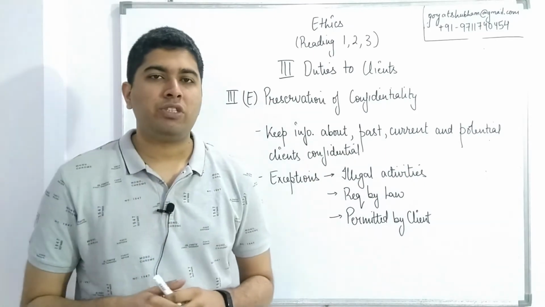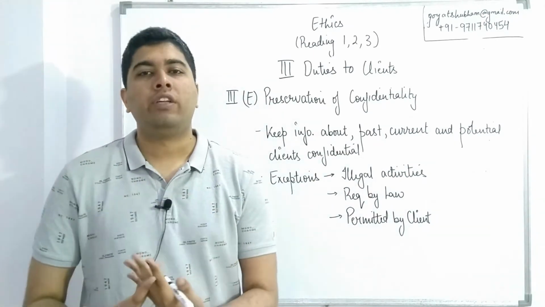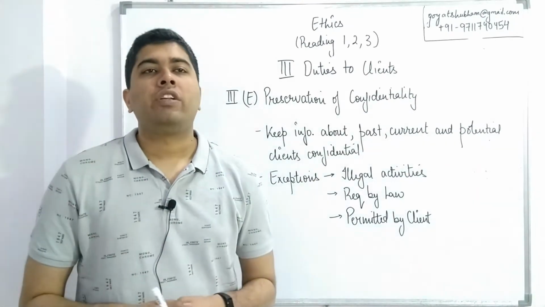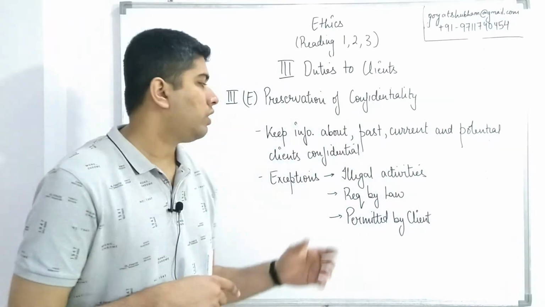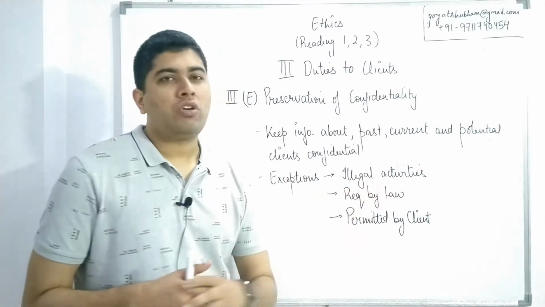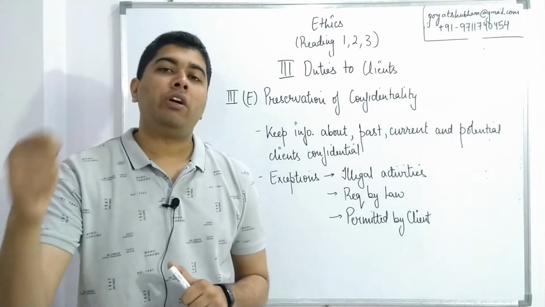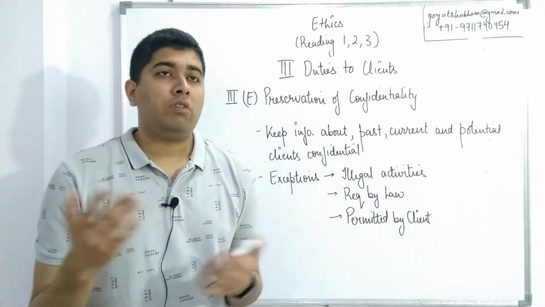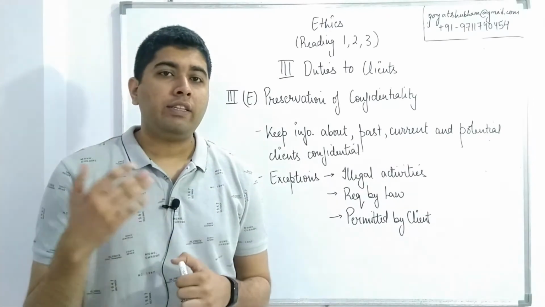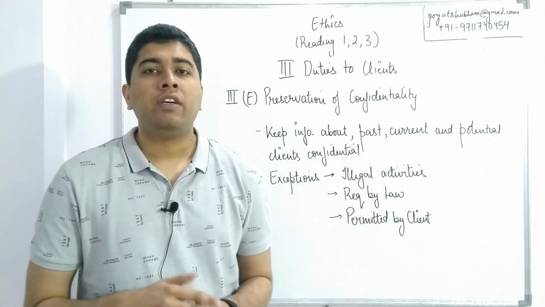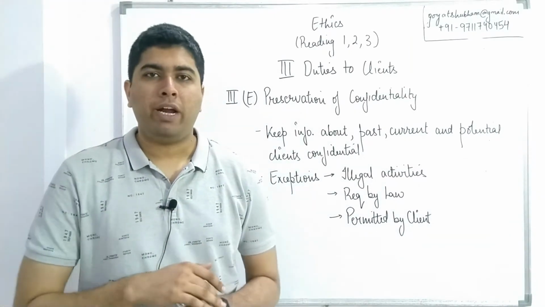Now we have three exceptions where you can disclose the information, and if you disclose it, you would not be in violation of the standard. Those conditions are, first, when there is some sort of illegal activity involved on the part of the client, of course. So let's say the information I have is that the money the client wants to invest, he has basically robbed a bank.